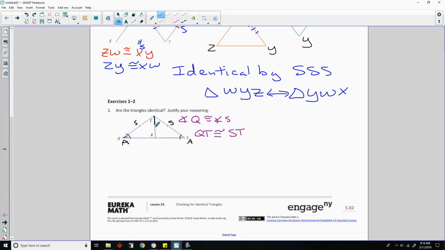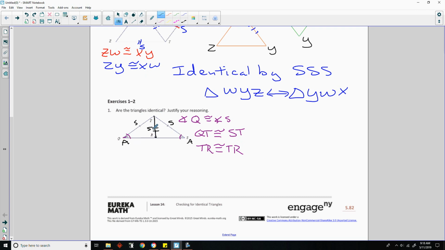And remember, when two triangles are touching, the sides are shared, therefore it's the same length in both triangles if I separate them apart like I did up here. So I could say side TR is congruent to itself. So that is also a side correspondence.